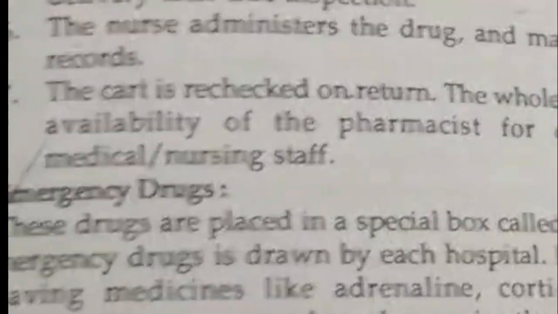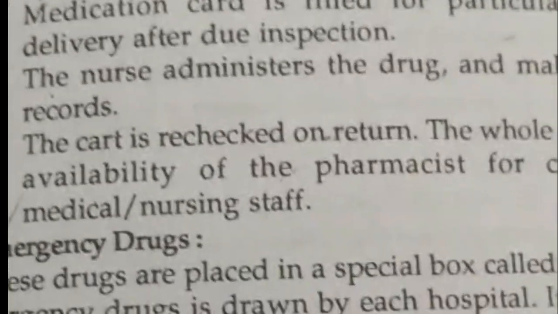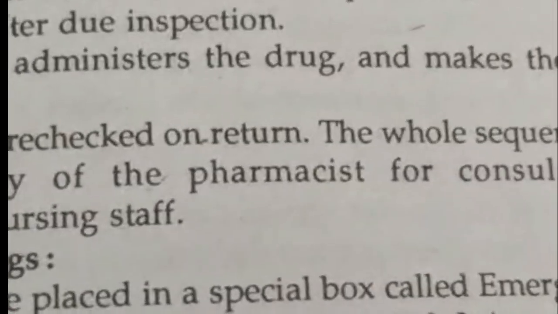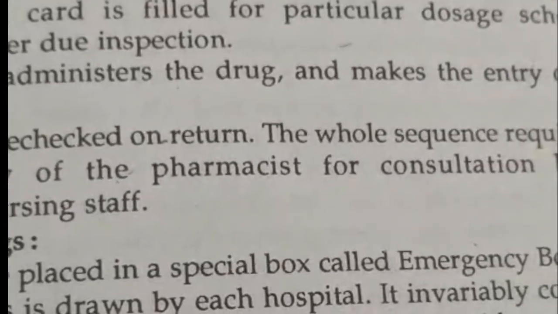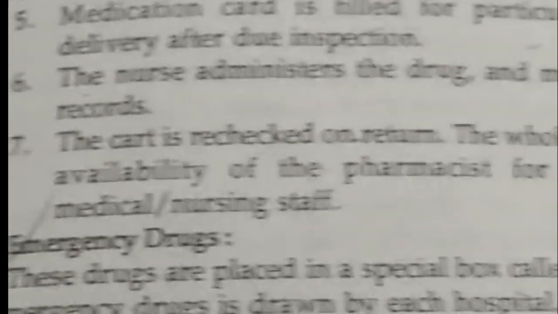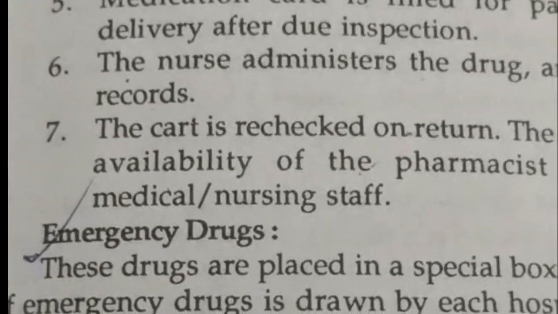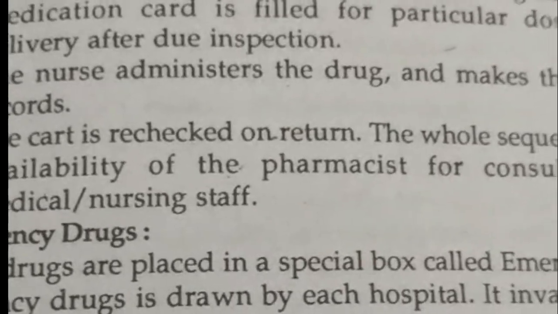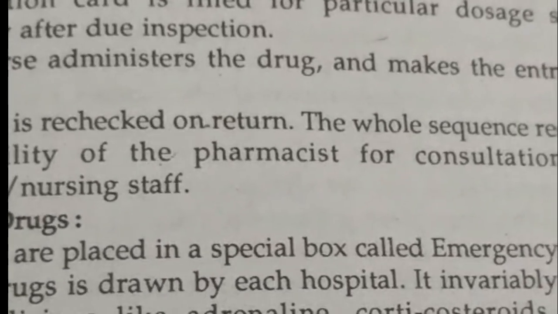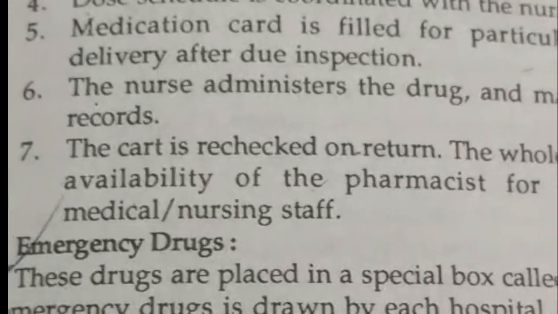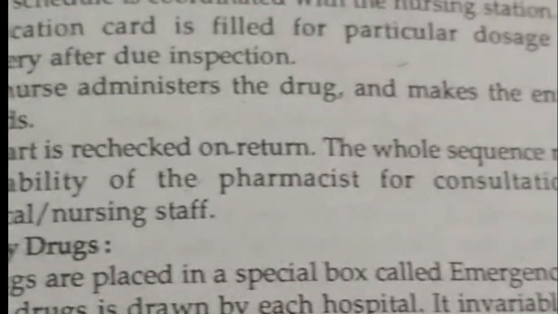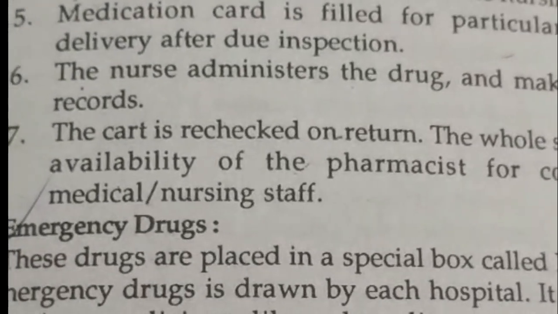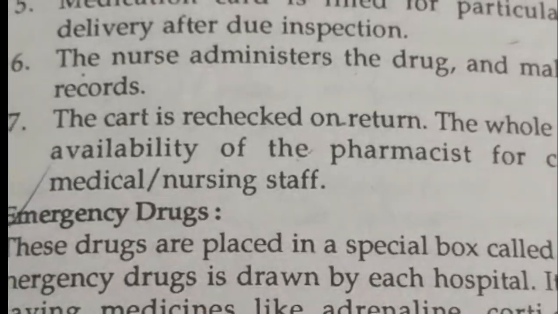Then the pharmacist keeps an eye on the rationale of therapy and drug interaction. The work of the pharmacist is to check that the drugs are properly used for the therapy, how to select the proper drug and avoid drug interaction.